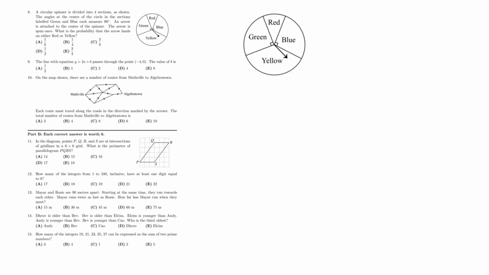We know the total central angle in the circle is 360, and blue is 90. Also, green is 90 over 360. That's 1/4 plus 1/4. Cancel 90, that's 4.